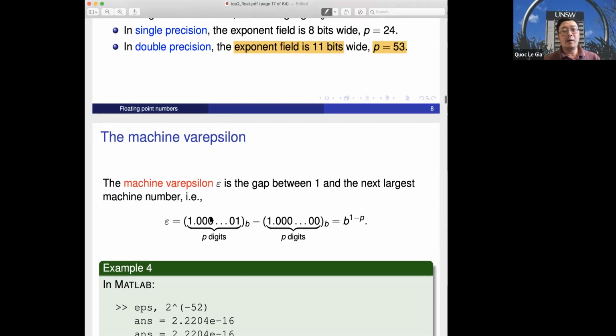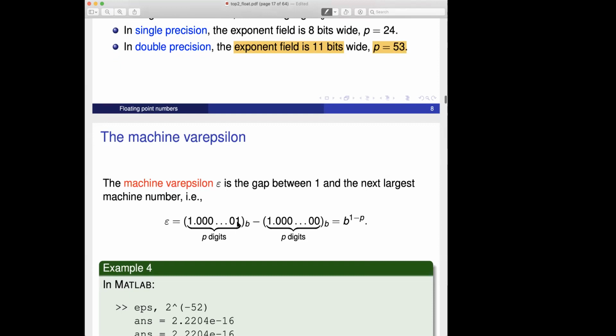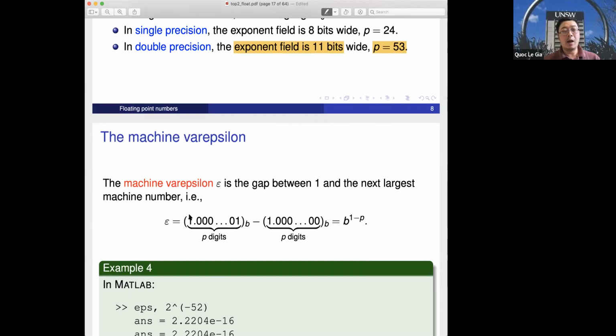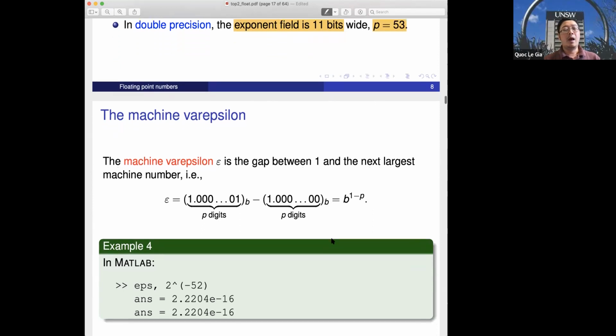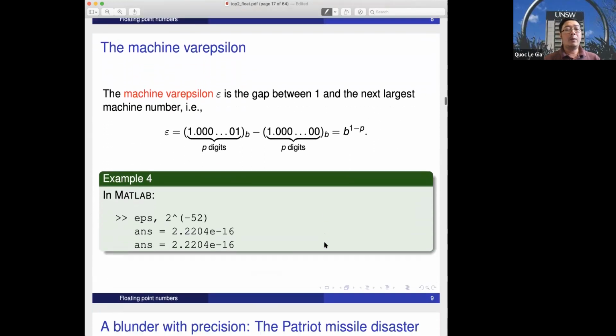By this formula, you turn on the very last digit, you subtract 1, and you just get 0.0001, where only the very last one becomes 1. In the binary representation, say b is 2, then it is 2 to the 1 minus p. And now we go to MATLAB.